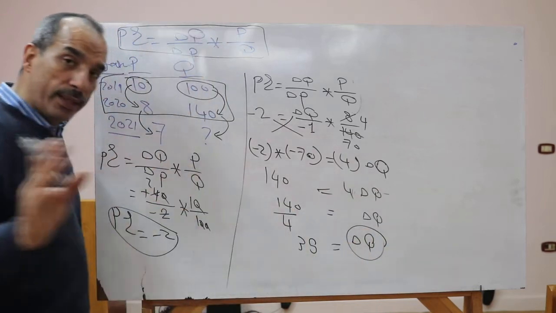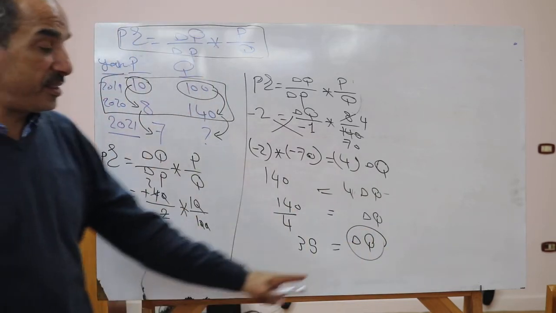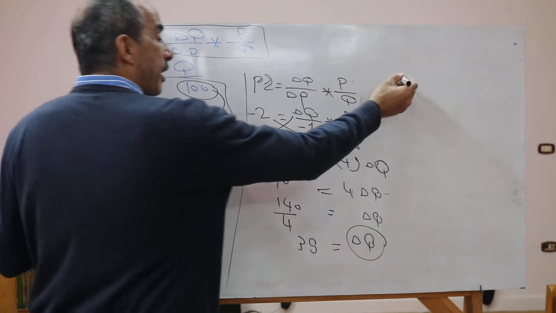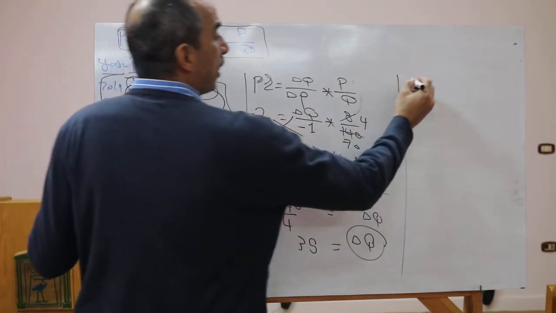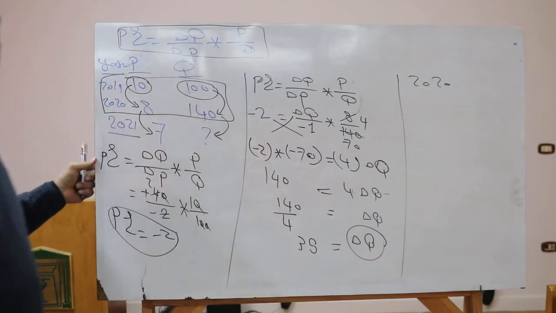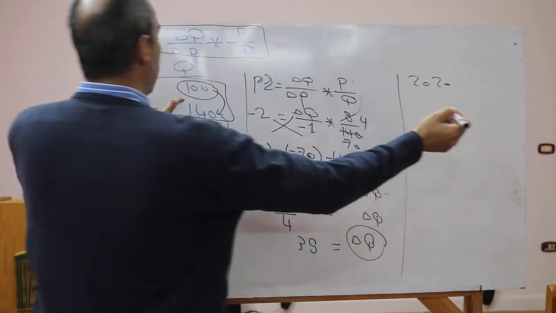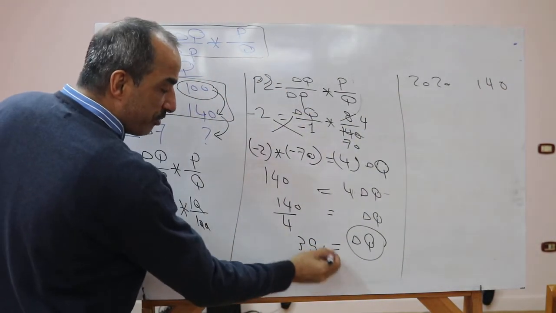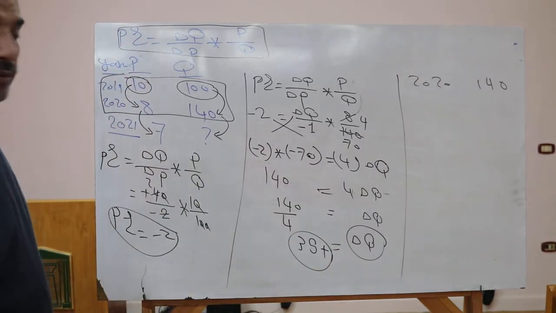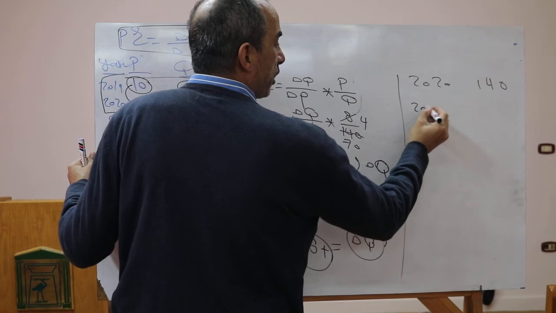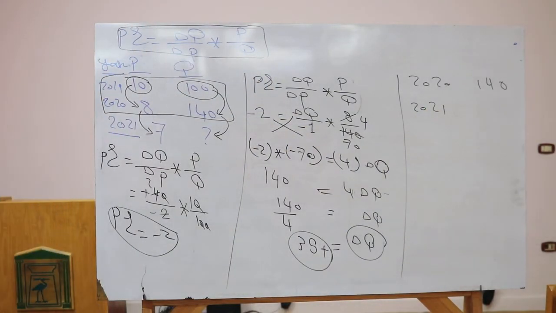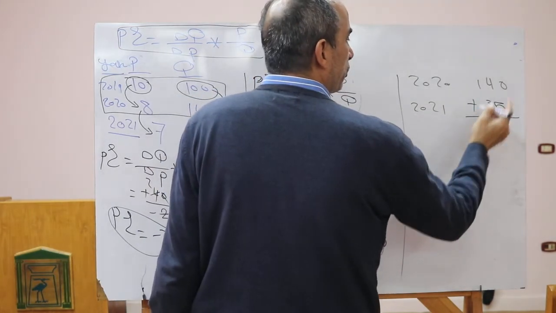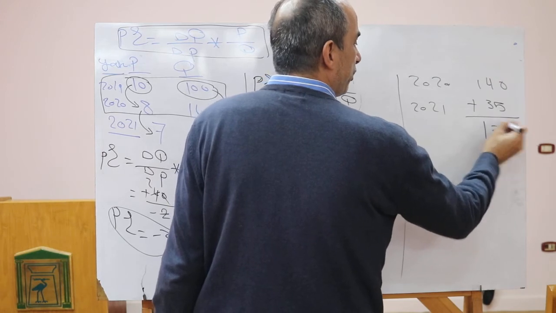This is the change in quantity. It is not the quantity, it is the change of quantity. This means the quantity equals 140, and the change in quantity is positive 35. 140 plus 35 equals 175.